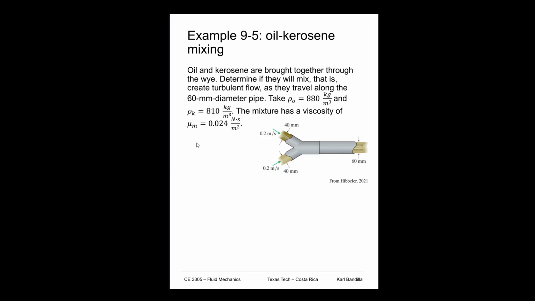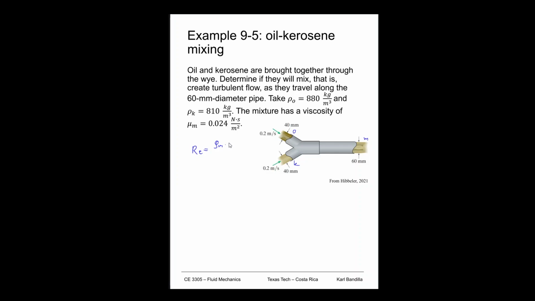So just for our own reminder, the Reynolds number is going to be the density. Now in this case, it's the density on the way out, so it would be rho m for mixed. This might be oil, this might be kerosene, and this is definitely going to be mixed.